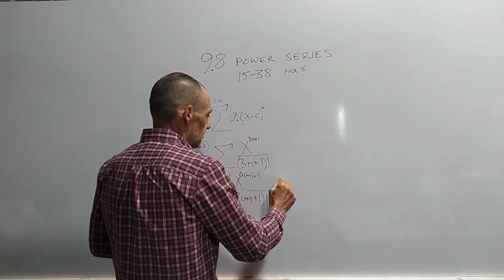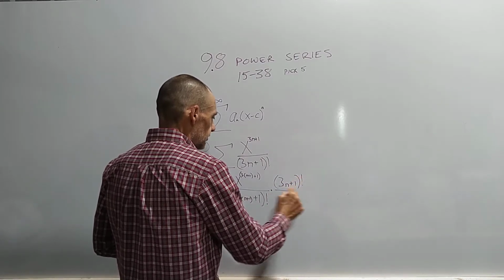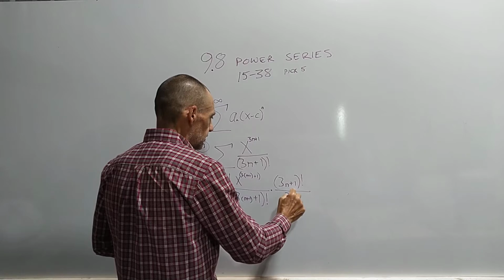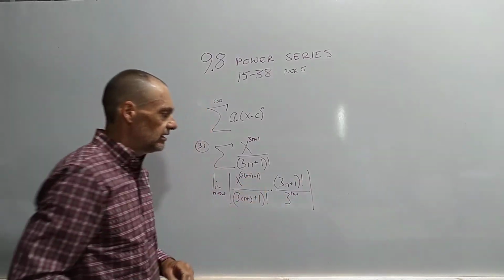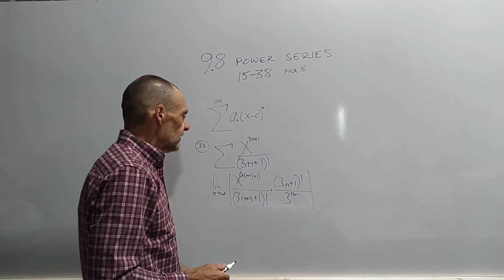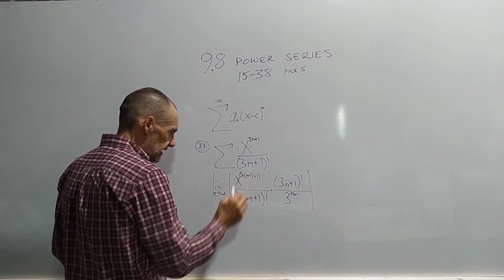So that's going to be (3n plus 1) factorial over 3n plus 1. Absolutely right. So this would be the ratio test. All right, let's work this out a little bit.